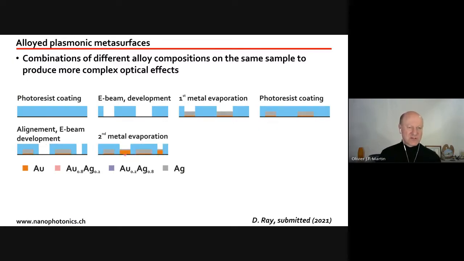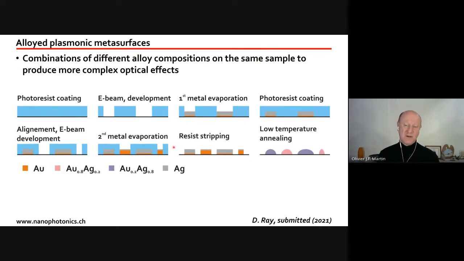And for those structures, we could then deposit 80 nanometers of gold and 20 nanometers of silver. And then we remove all that and we alloy the structure. So then we would have on the same substrate different nanostructures with different stoichiometry. And our dream is to see whether they would behave like, say, a hologram or some optical element.